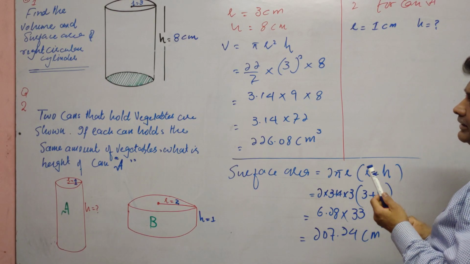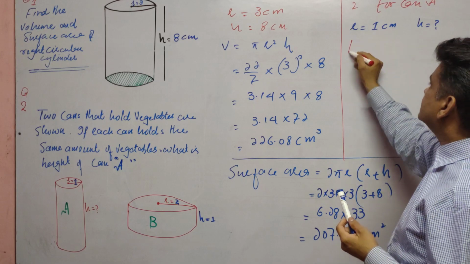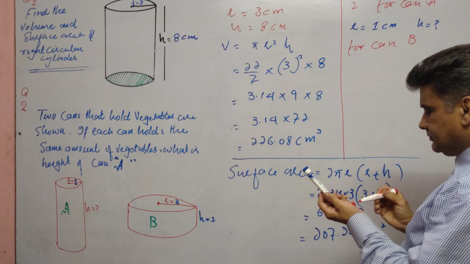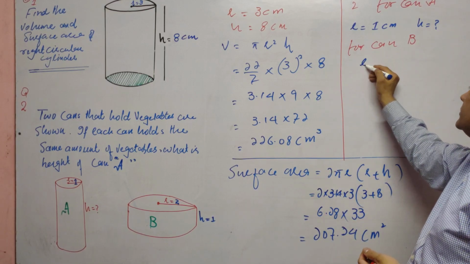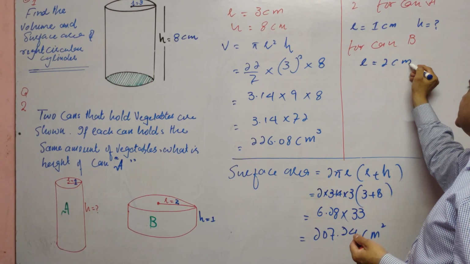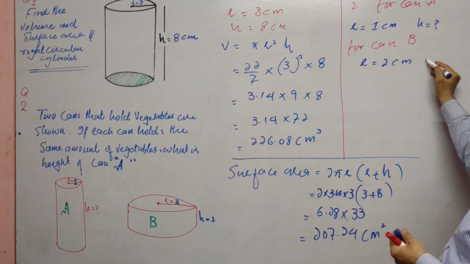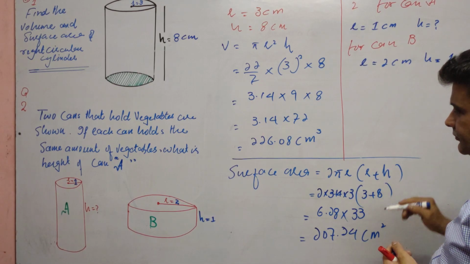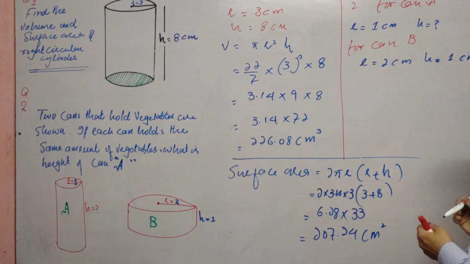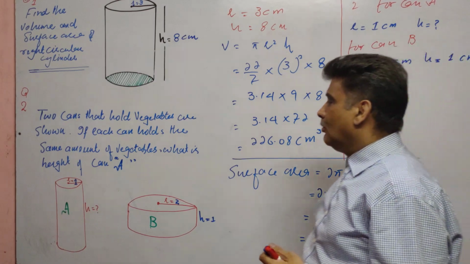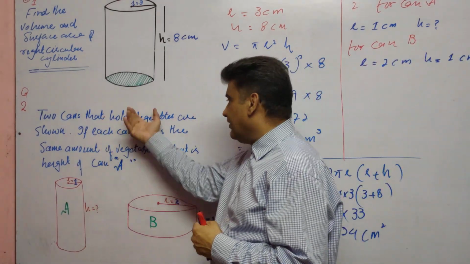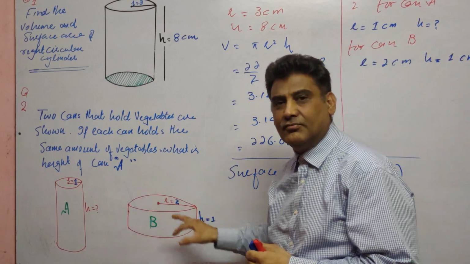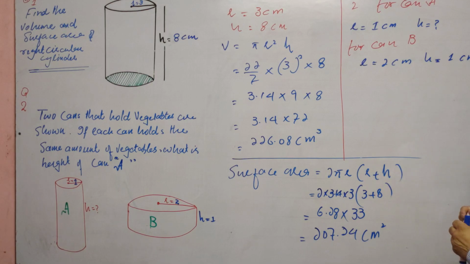For can B, its radius is 2 centimeter, while its height is 1 centimeter. It is given that both cans contain the same vegetables. I mean to say that both cans have the same volume.